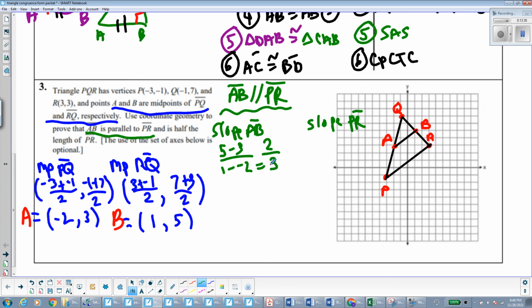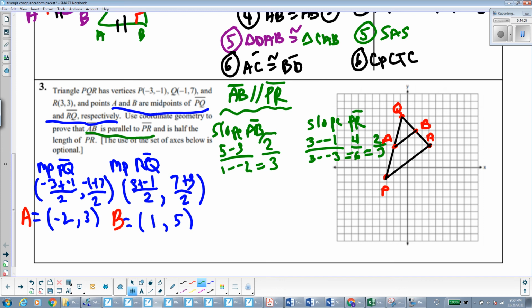So I got 2 in the numerator, 3 in the denominator. When I find the slope of PR using points P and R, I should find that the slope is the same. The y coordinates are 3 and -1 of P and R, and the x coordinates are 3 and -3. That gives me 4 over 6. And if I reduce, that gives me 2 over 3.